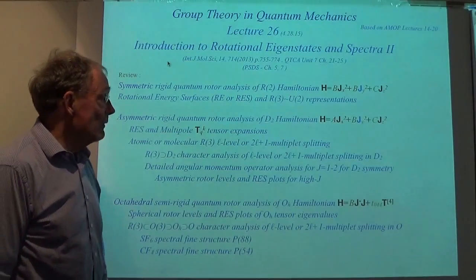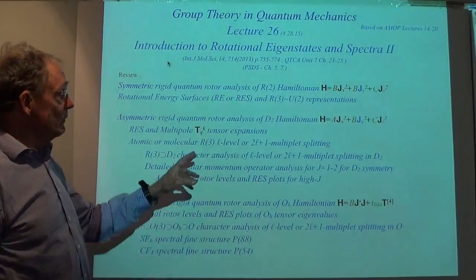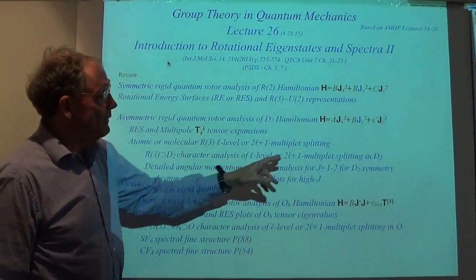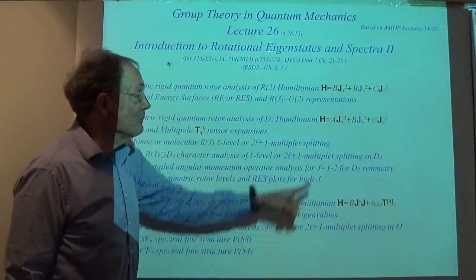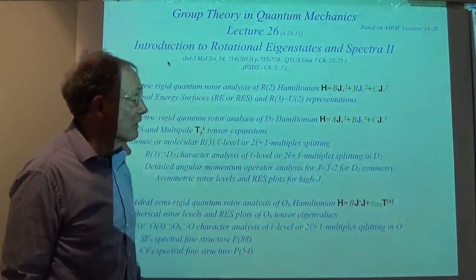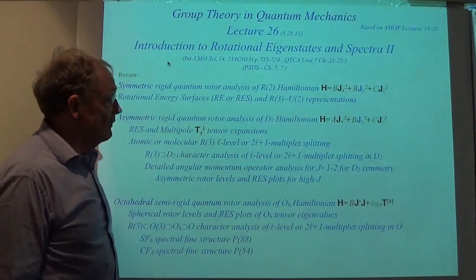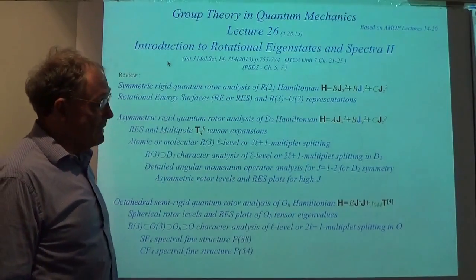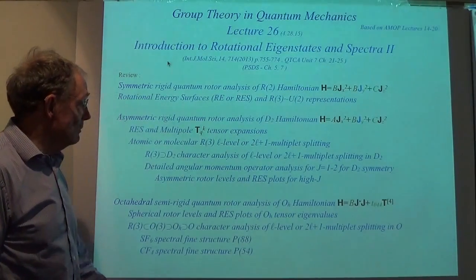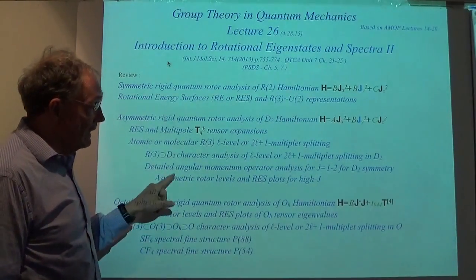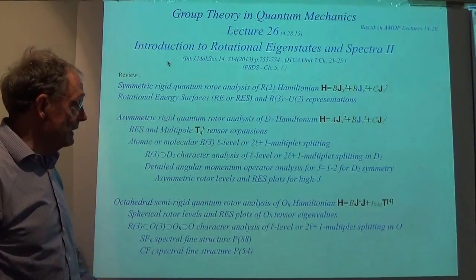So we've already seen this with respect to D3. Today we're going to use a smaller group, which is the symmetry of the asymmetric rotor, the 4 group, D2. We'll go through and analyze levels in terms of that.